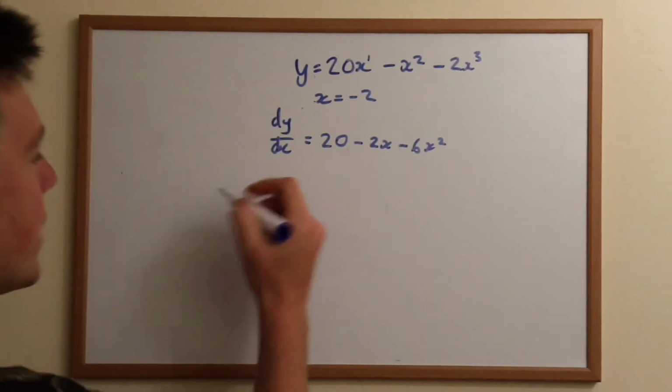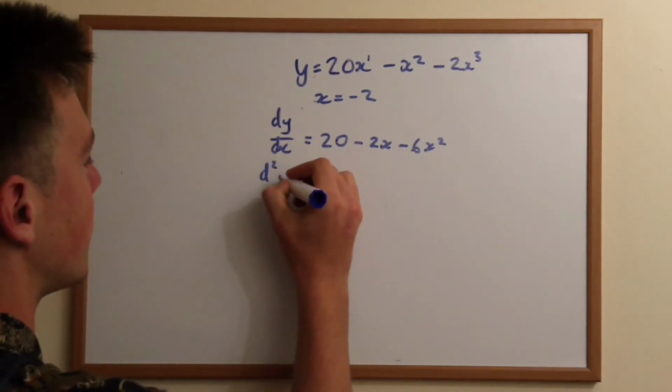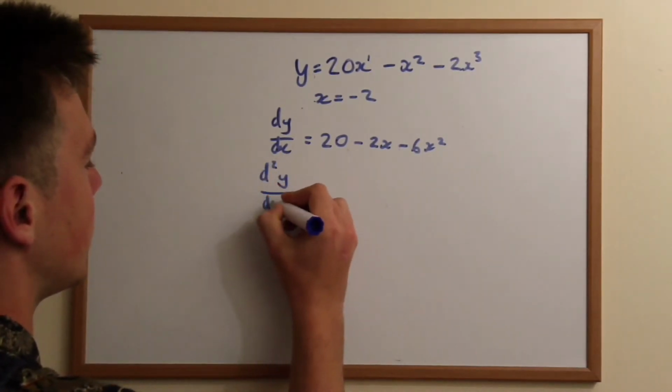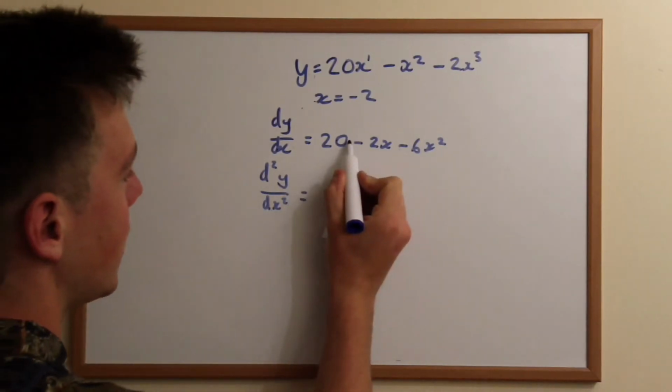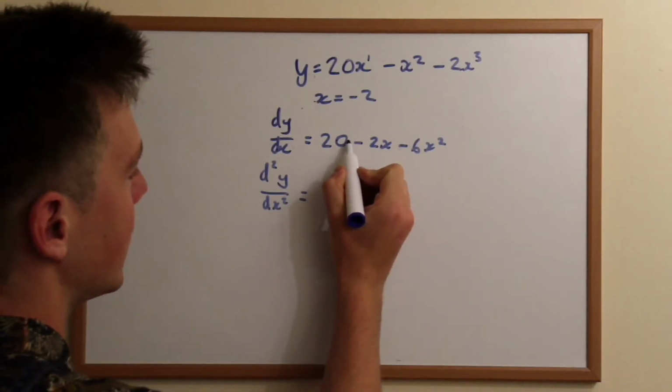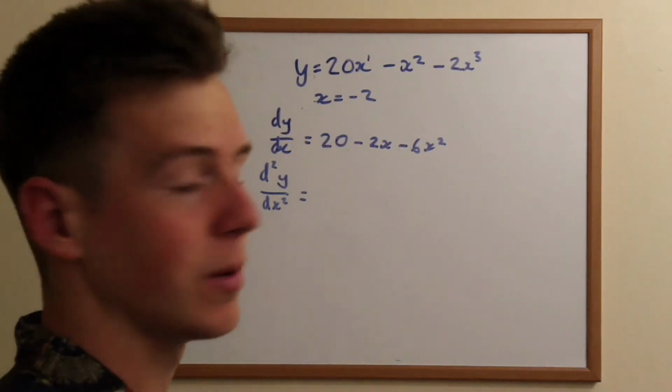Now let's do the second order differential, d2y by dx squared. So we do the same thing again. So we have 20, this is 20x to the power of 0.